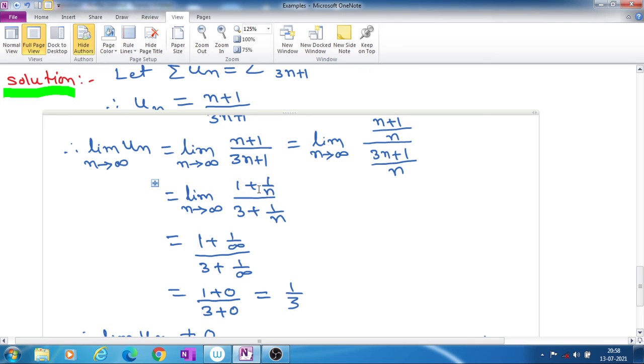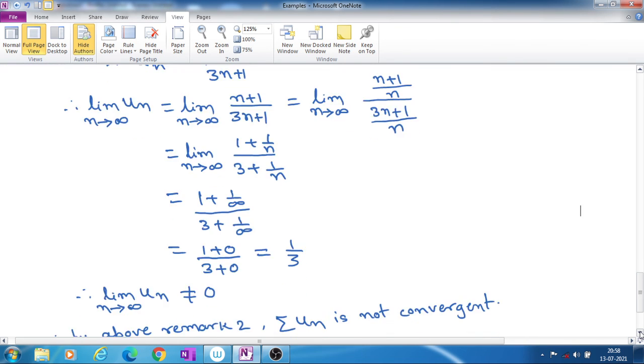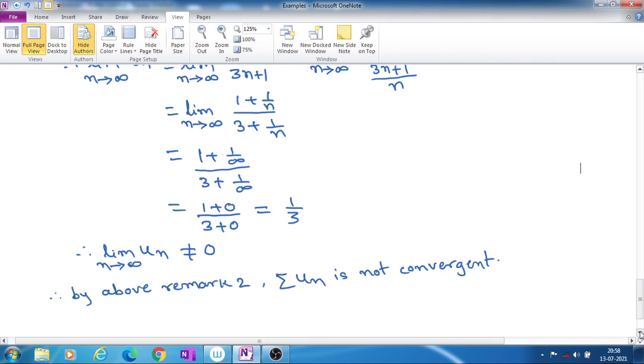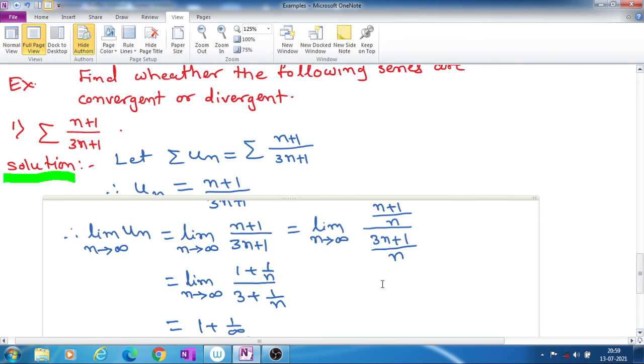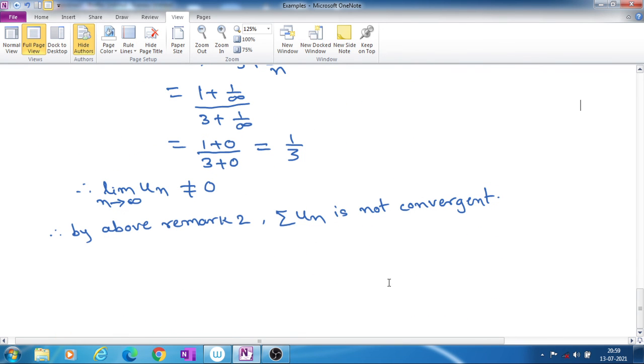Here is 1 as it is, and 1 upon n becomes 1 upon infinity, divided by 3 plus 1 upon infinity. This is equal to 1 plus 0 upon 3 plus 0, which is 1 upon 3. So the limit of un is equal to 1 upon 3, which is not equal to 0, and therefore this series is not convergent. This series is a divergent series.